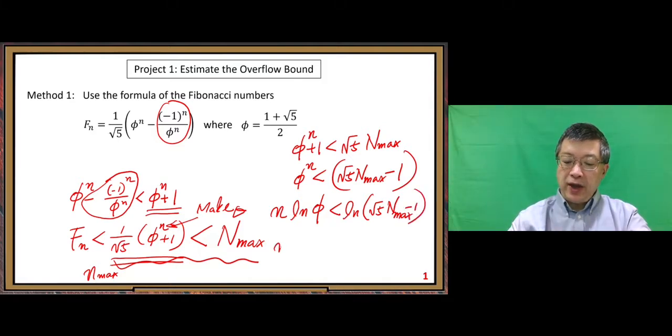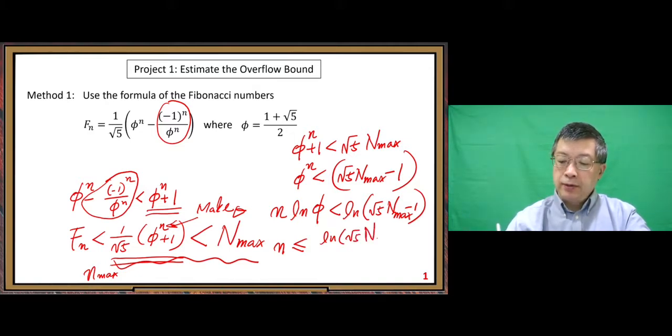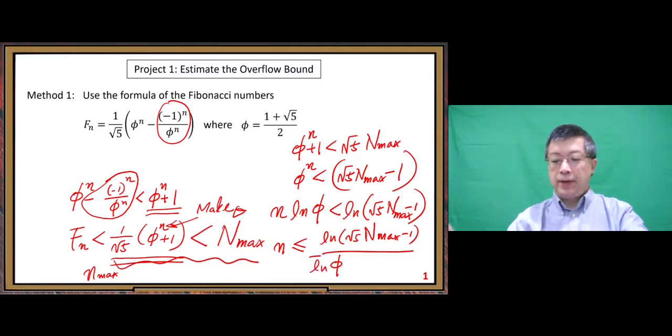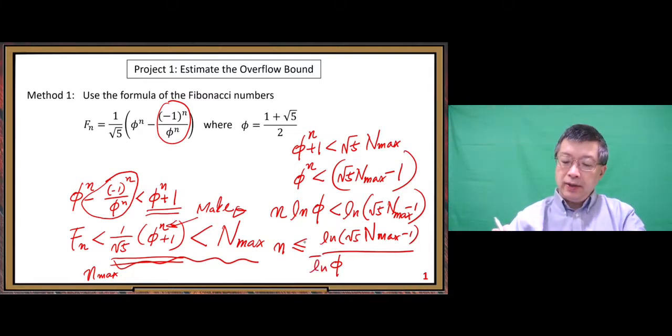So then n is less than the natural log of root 5 n max minus 1, over natural log phi.